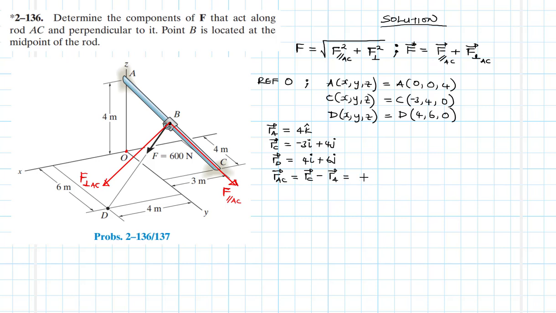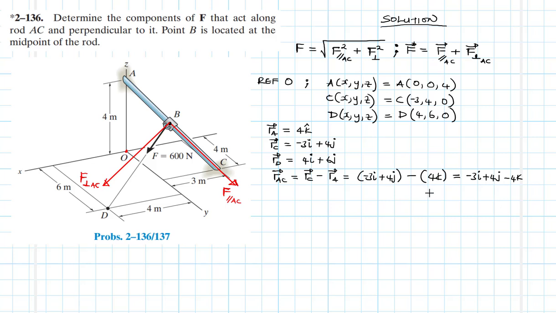This therefore is going to be equal to minus 3I plus 4J, and then minus RA, we said is just 4K. Therefore, if we do the subtraction, this gives us minus 3I plus 4J minus 4K. So that is the position vector for RAC.